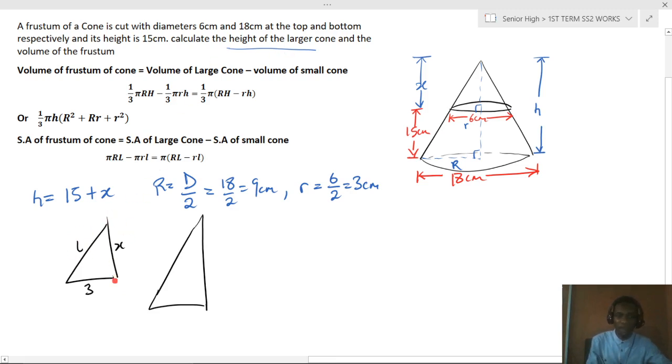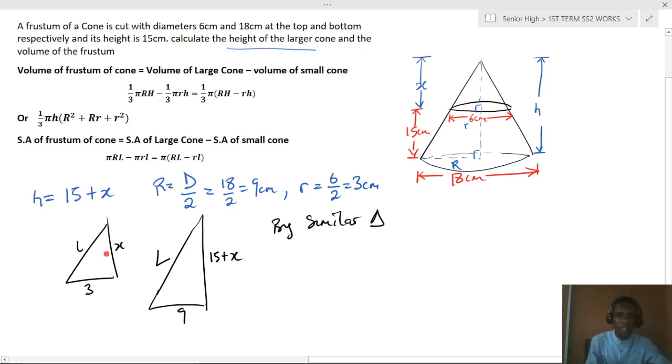We can use the similar triangles formula to get our height without bothering about the slant length. Then this is the bigger slant length. The height here is 15 plus x. Sorry, not h plus x, that was a mistake. It was actually 15 plus x. And then the big radius is 9.